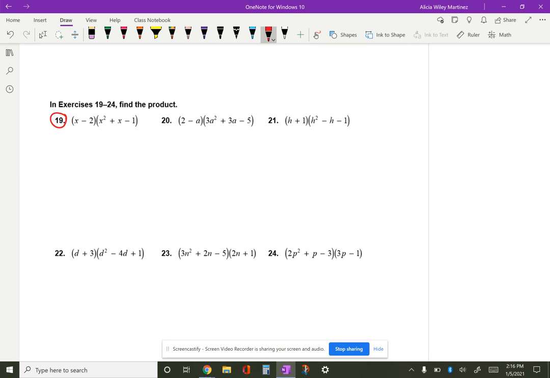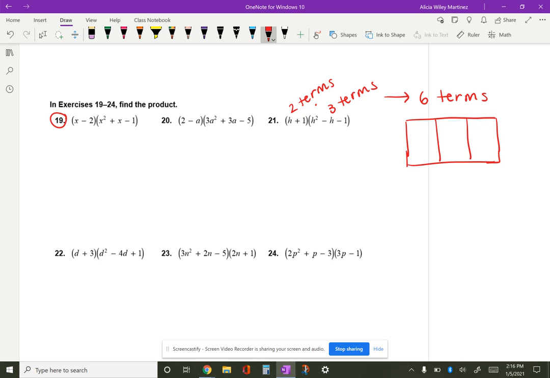Now, the difference is I'm multiplying 2 terms by 3 terms. Since 2 times 3 is 6, that's going to result in 6 terms. So if you are going to use a box or a table to do these problems, you need to create a bigger box like that.